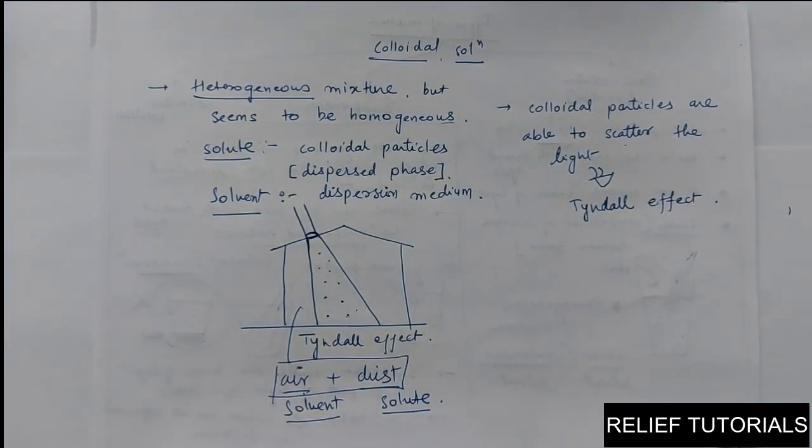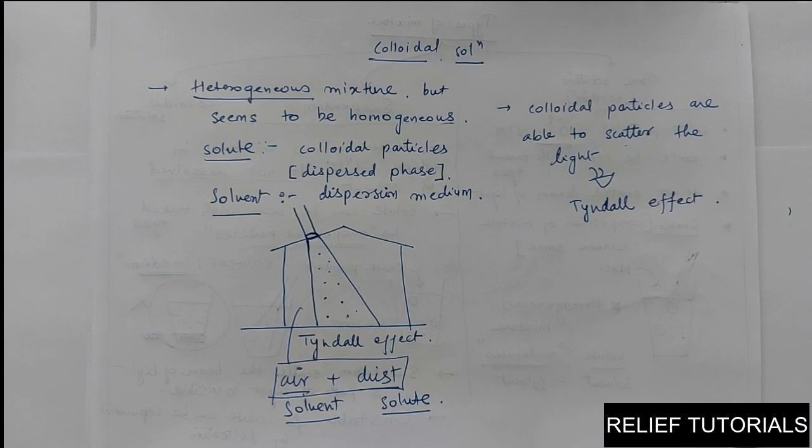You might have observed that when you go to see movie in the theaters, one of the projector is there at the last wall or at the back end. So from that projector, the beam of light is falling on the screen. So that beam of light, it seems to be scattered.